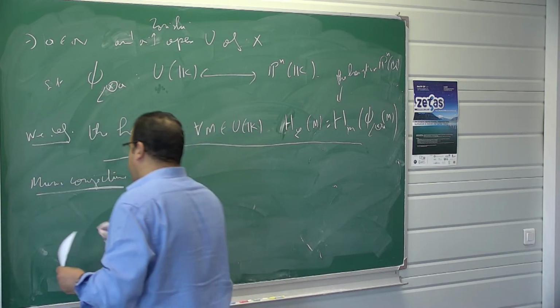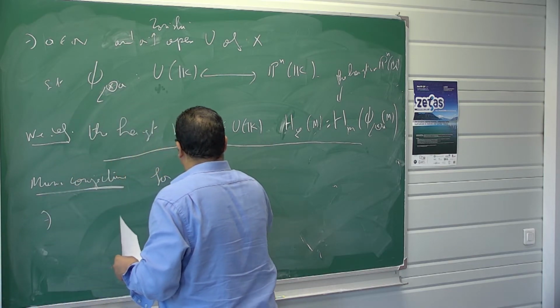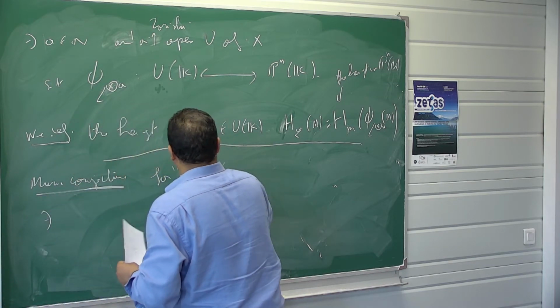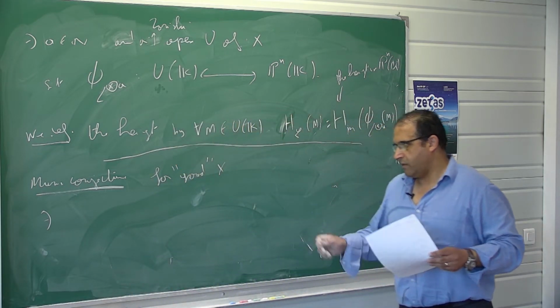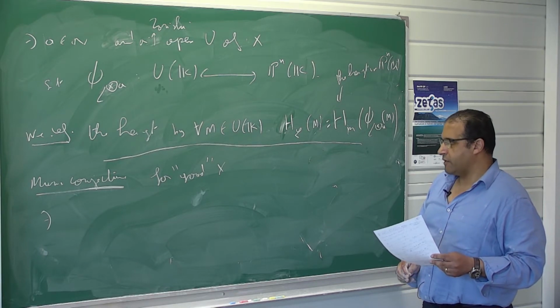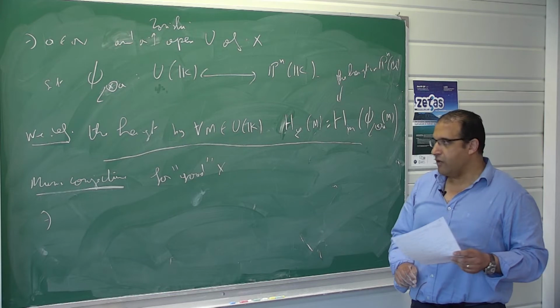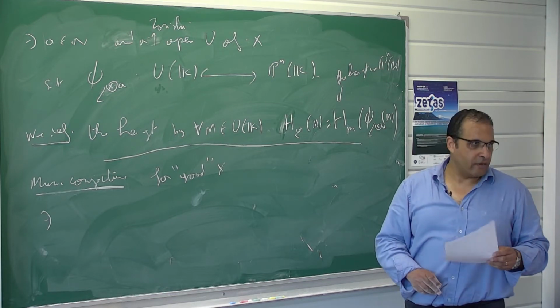There exists, for good x. So for good I mean projective variety, and in the first formulation, good the meaning of good was Fano variety.